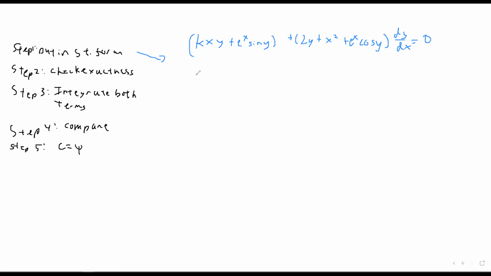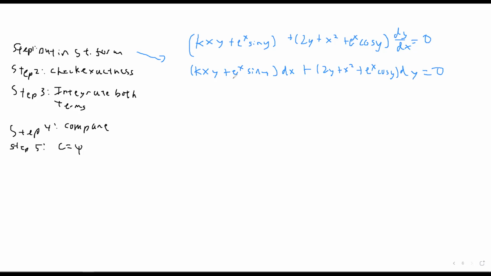Put it in standard form by multiplying everything by dx. So (kxy plus e to the x sine y) dx plus (2y plus x squared plus e to the x cosine y) dy equals 0.